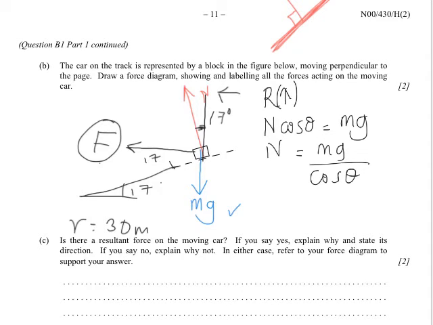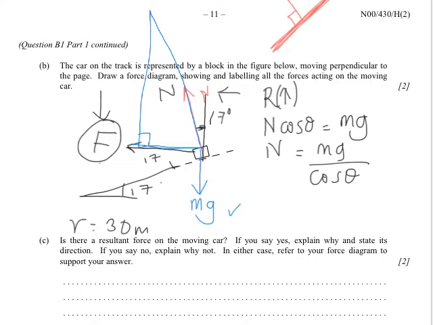Now we need to try and figure out F. Now we know what N is, it's that funny collection of symbols. So now let's see if we can come up with an expression for F. Now we know that this is 90 minus 17. So imagine a triangle like this. I'll even draw it in so you can see it. So imagine that line straight, and you've got a 90-degree angle like this.